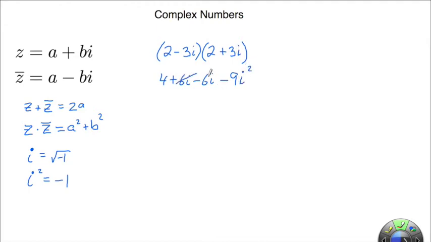So the middle two terms are going to cancel out, which is nice. The i squared is going to become negative 1, and you're going to have negative 9 times negative 1, so you get 4 plus 9. And thus we have that formula a squared plus b squared.